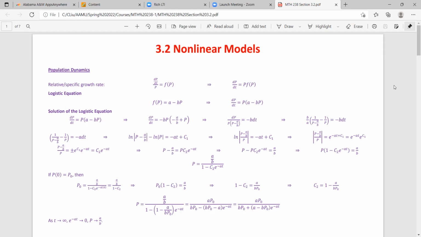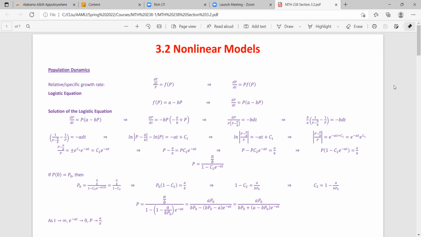So factor out the P on the left-hand side, we get P times (1 minus C2 e to the negative at) equals A over B, and then you just divide by 1 minus C2 e to the negative at on both sides to find P. So we got the solution for the differential equation: P equals (A over B) over (1 minus C2 e to the negative at).